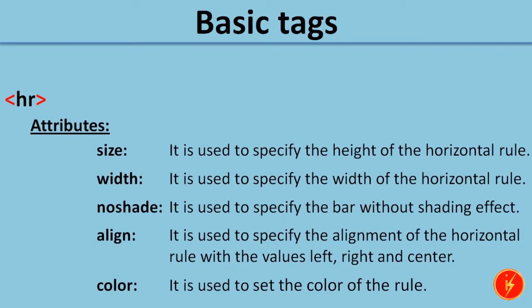Size specifies the size of the horizontal rule. Width specifies the width of the horizontal rule. Noshade specifies the bar without shading effect. Align specifies alignment of the horizontal rule with the values left, right, and center, and color is used to set the color of the horizontal rule.